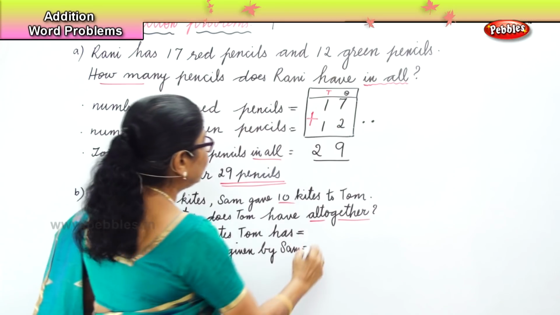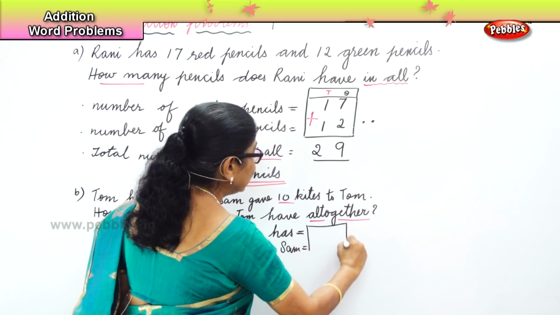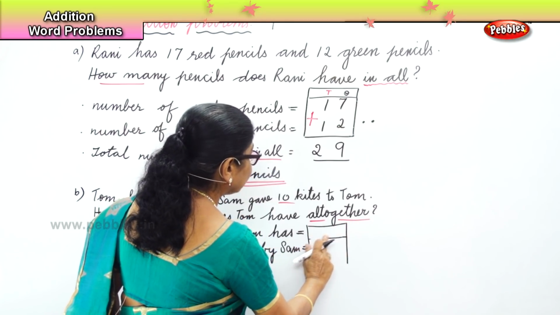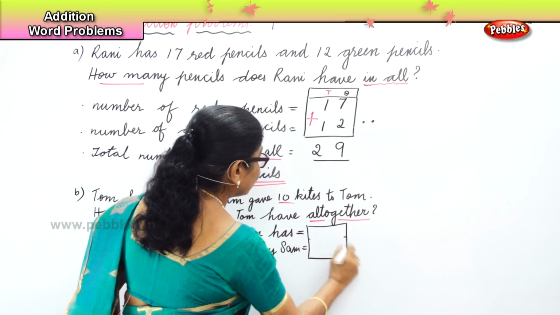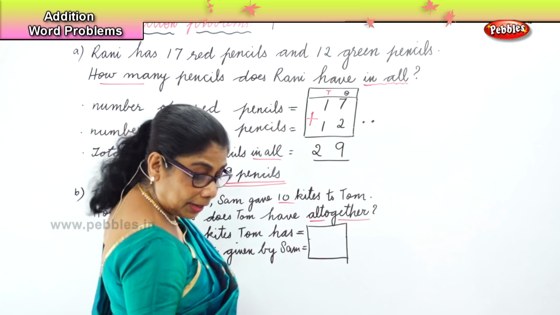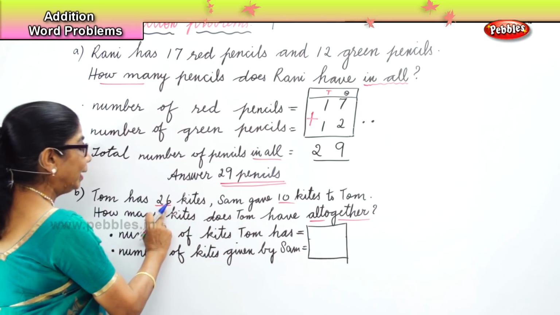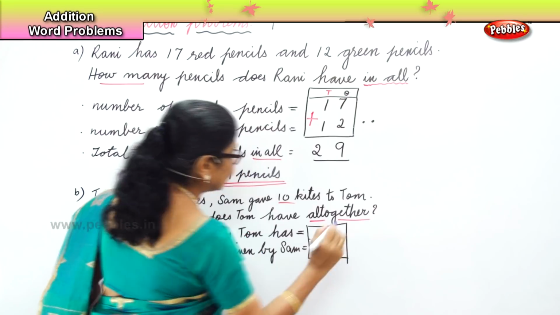Okay, and then you have to draw a small box here for us to do the work. Now, what is the number of kites Tom has? 26.